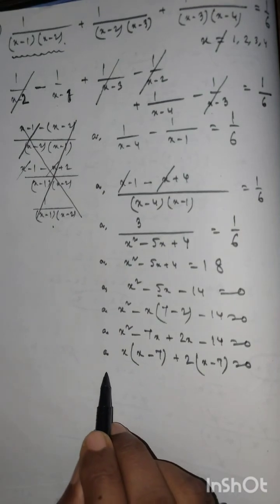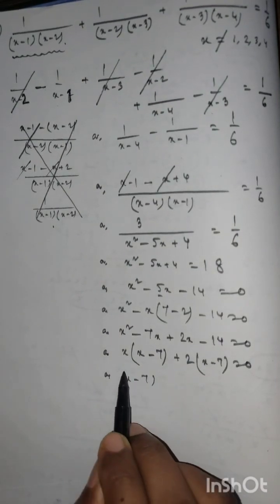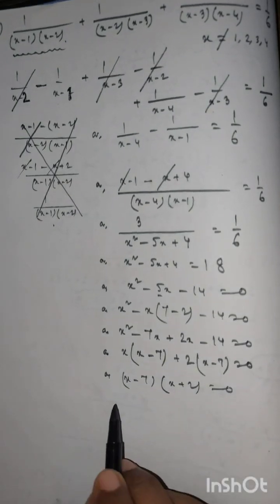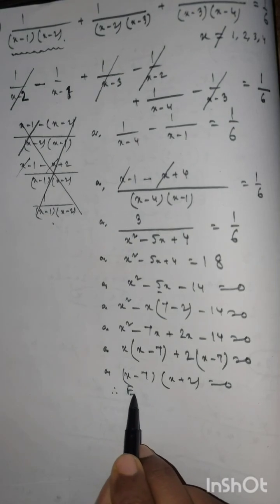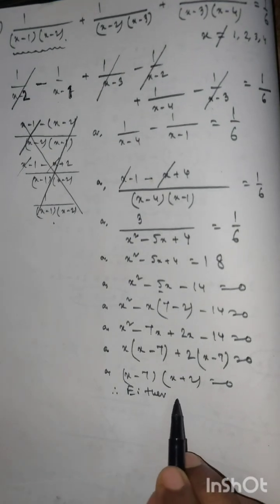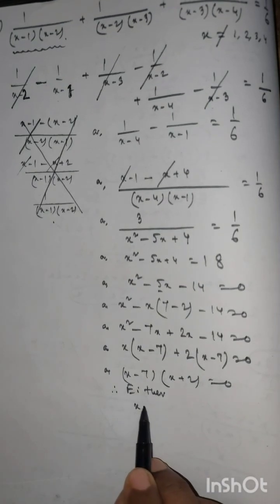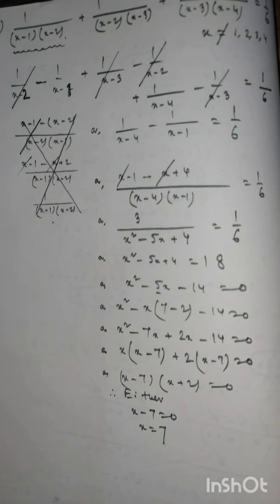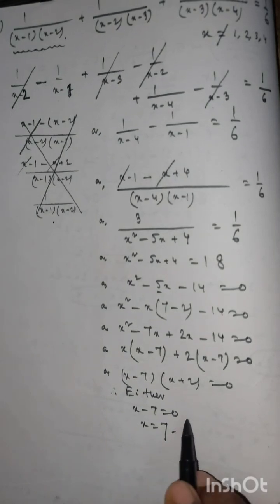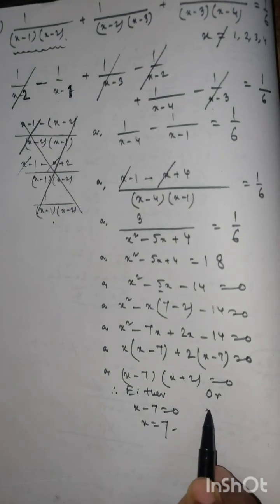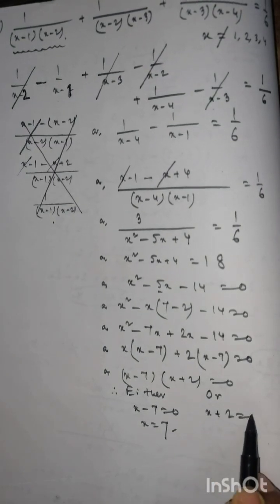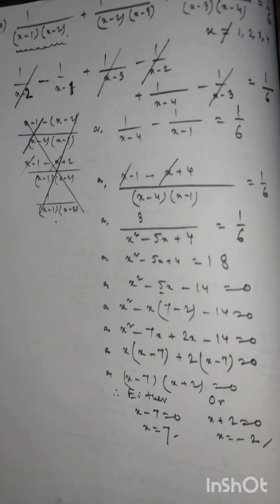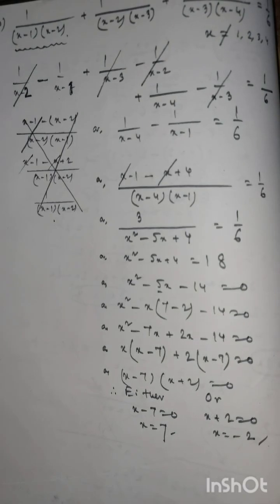Now if we take x minus 7 common, therefore either x minus 7 equal to 0, that is x equal to 7, or x equal to minus 2. This is our answer.